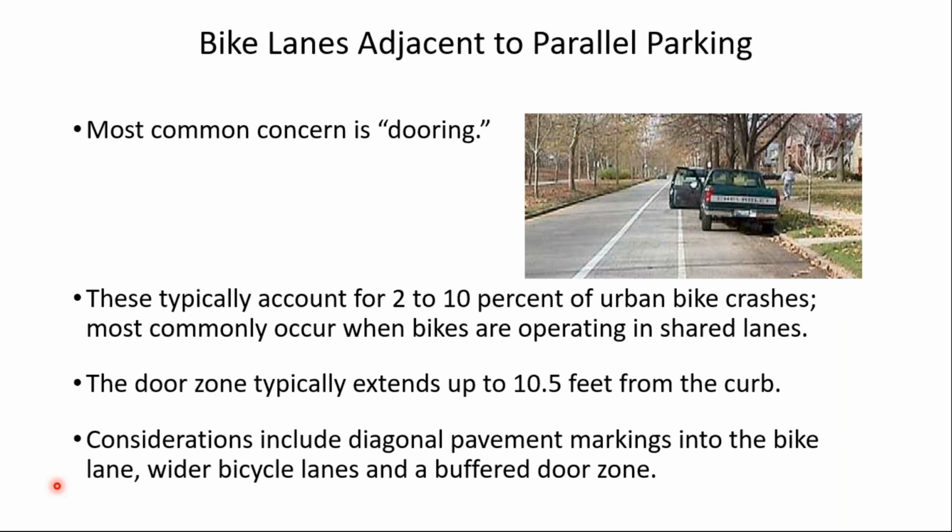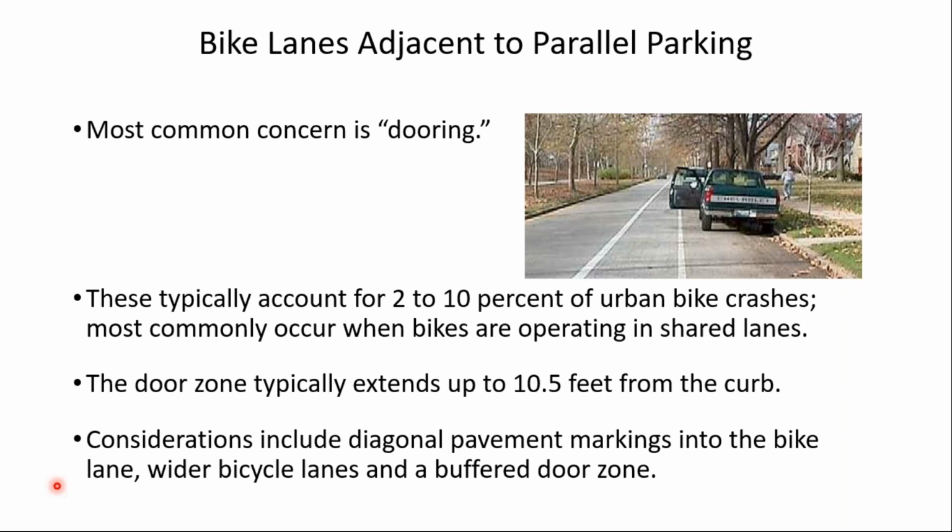What about bike lanes adjacent to parallel parking? We had a question about this, I think, last week. And the issue here is what's called dooring, where the door opens and may strike the bicyclist, or the open door may be struck by the bicyclist. Both of those are potentially serious situations in terms of causing harm or injury or loss of control to the bicyclist.